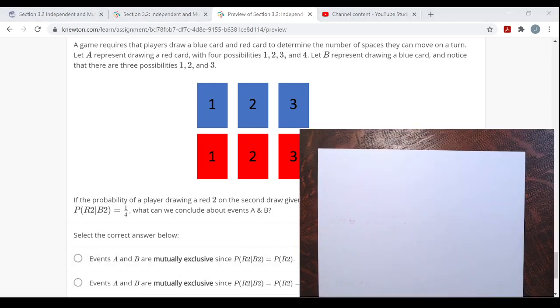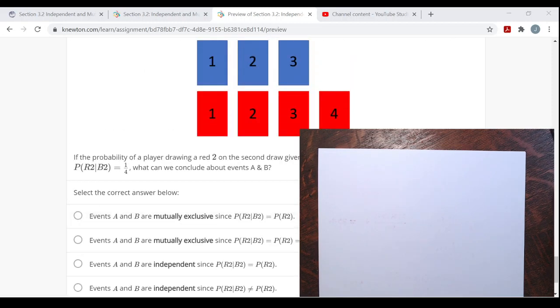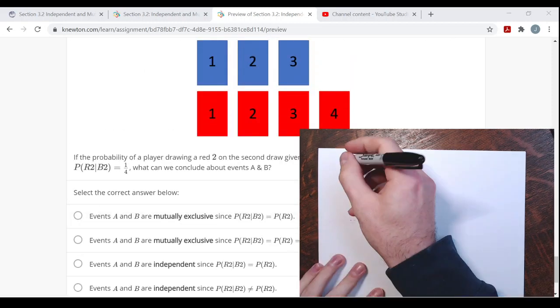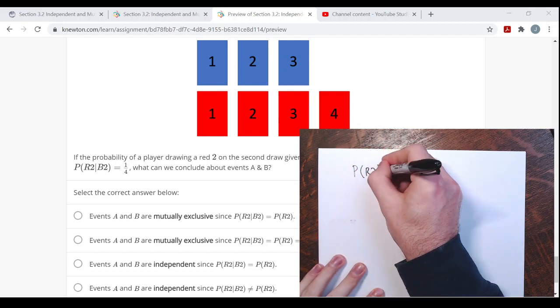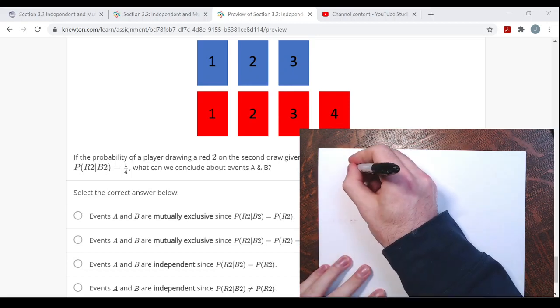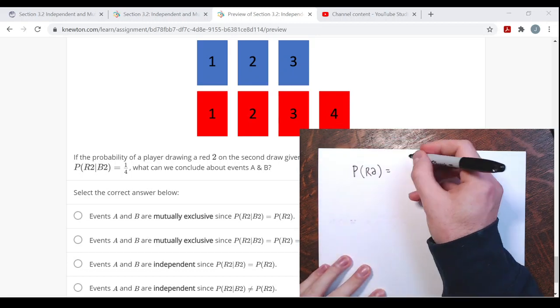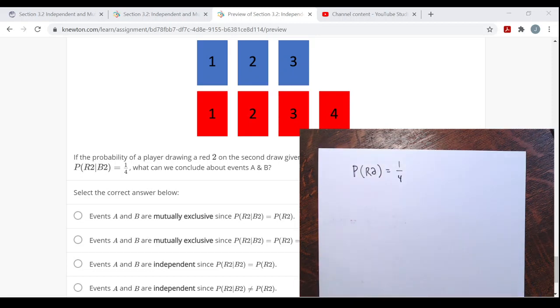In this picture, again, you see the probability of the person drawing a red 2, because they're drawing a blue card first and a red card next. There are 4 red cards and one of them is a red 2, so the probability of drawing a red 2 normally is just 1 out of 4.